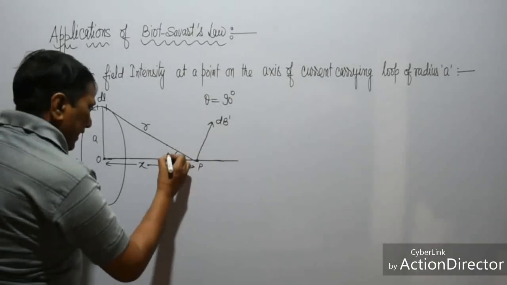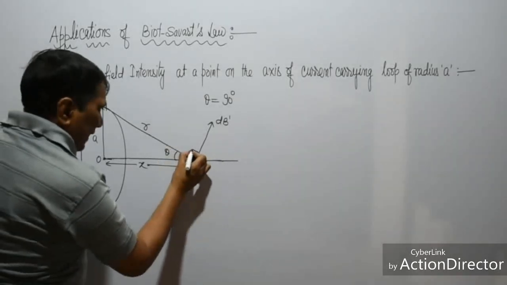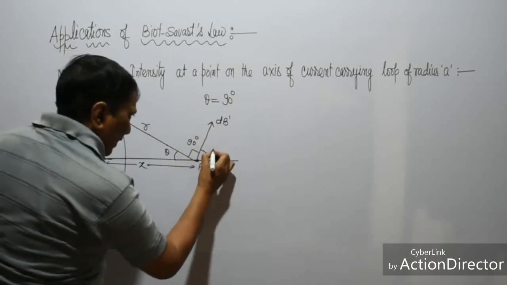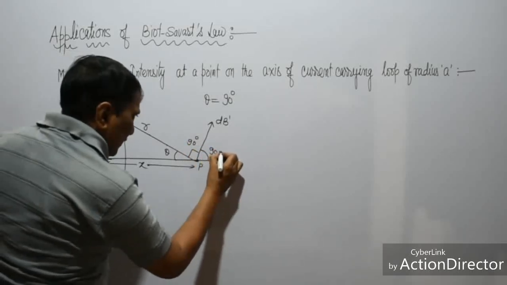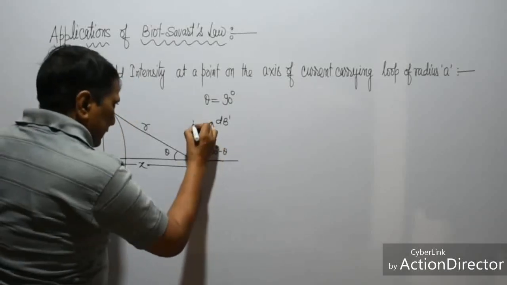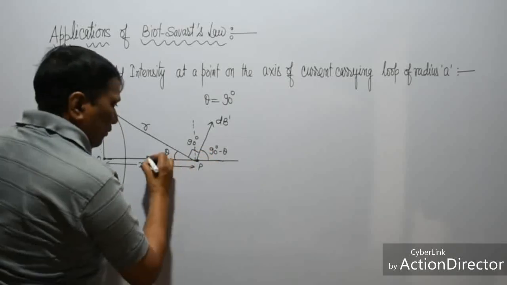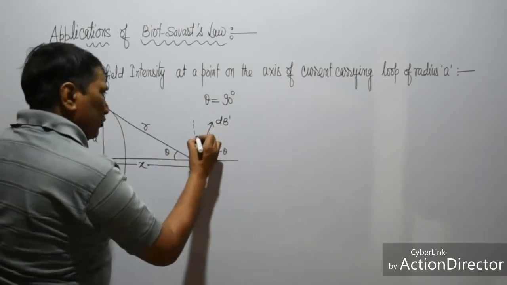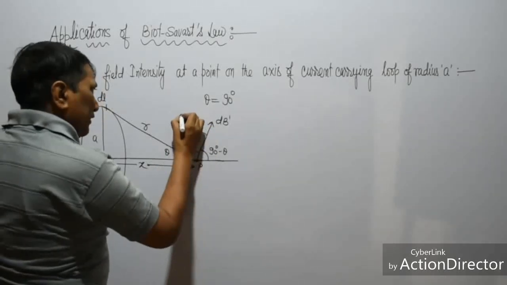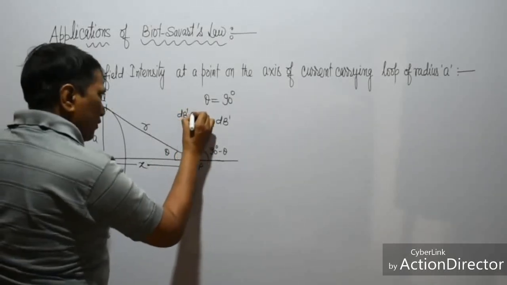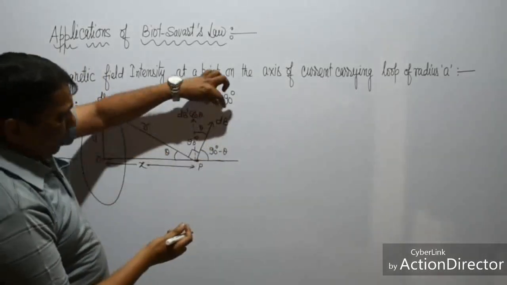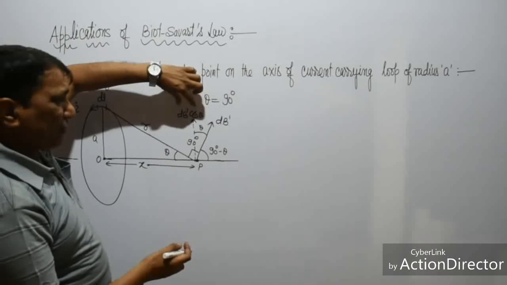We take this angle as theta. This angle is 90 degree. So it is 90 minus theta. This is 90 minus theta. Now we take this direction perpendicular to the axis. So now this angle will be theta. Okay? So here this is dB dash cos theta. It's a component, dB dash का component इस direction में.